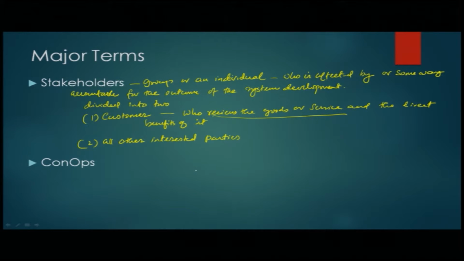So, the customer is a stakeholder, and all other interested parties, okay, these are the ones who are affected by the project or the system development. This would involve the manufacturers, the subcontractors, the financing agencies, the engineers that are part of this, the design validators, the technical experts, who are all part of the development of the system.